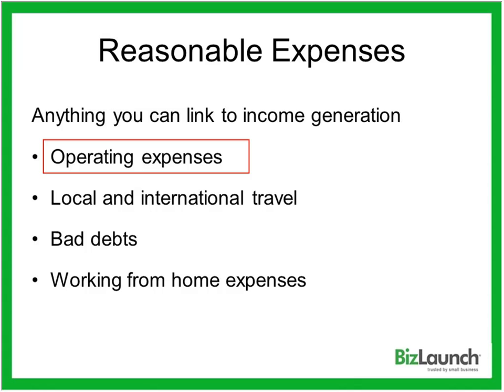Okay, so my condo is 1,000 square foot. I use 200 square foot for my business. I can deduct 20% of all my home expenses, my telephone, my internet, my rent if I'm paying rent, or the interest of my mortgage if I'm paying that. Any of those expenses I've got, I can deduct 20% of them, okay?